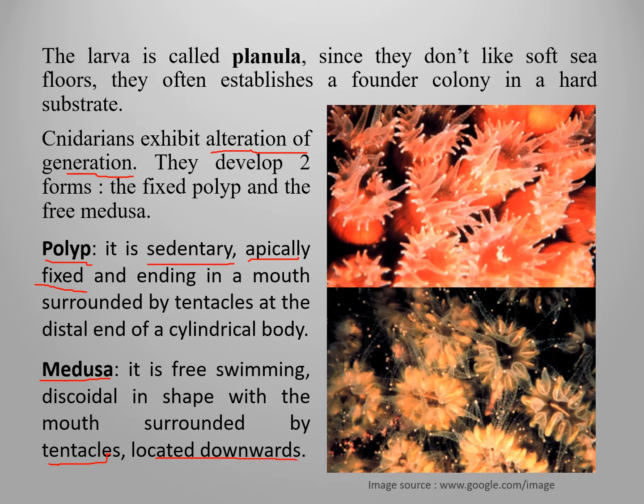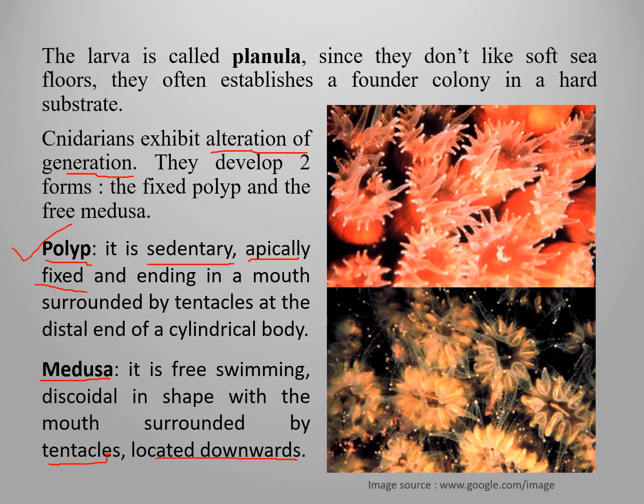Now, this free swimming medusa stage sexually reproduces the polyp stage. So there is a circular path. One form, that is the sedentary sessile form, which remains attached to a hard substrate, is known as polyp.